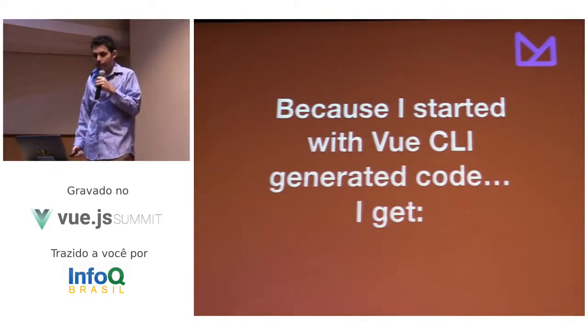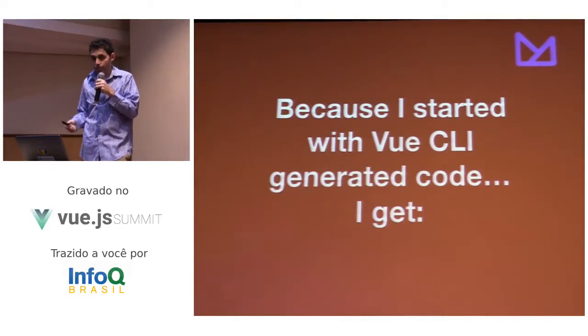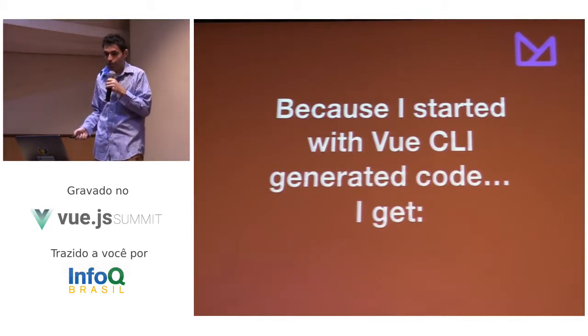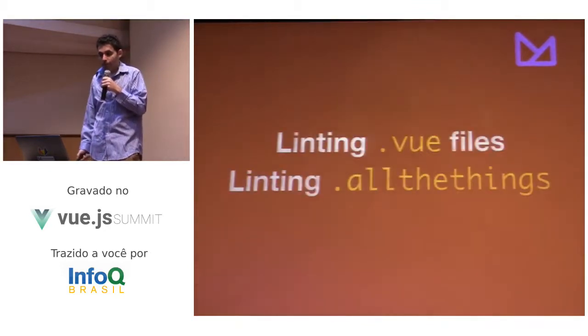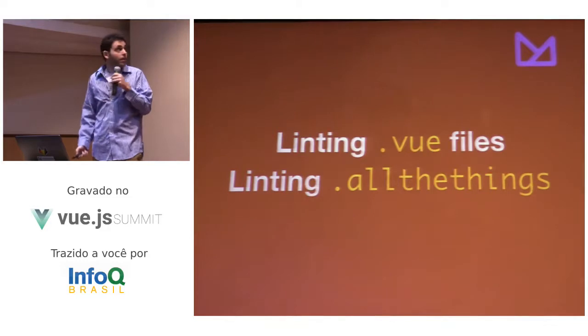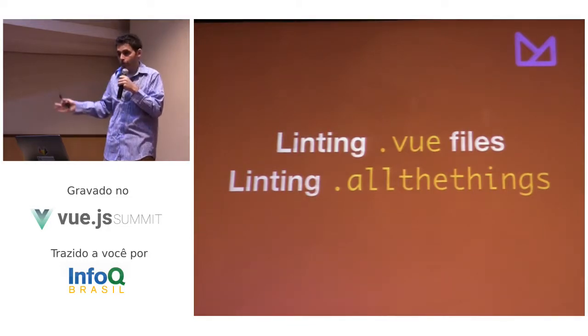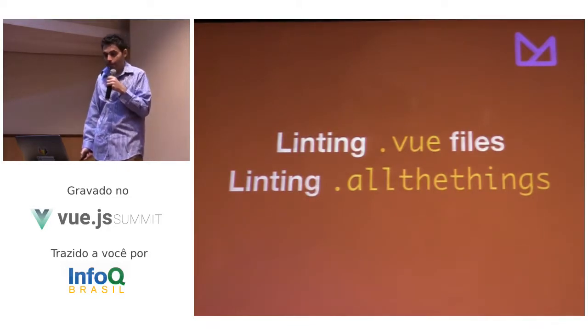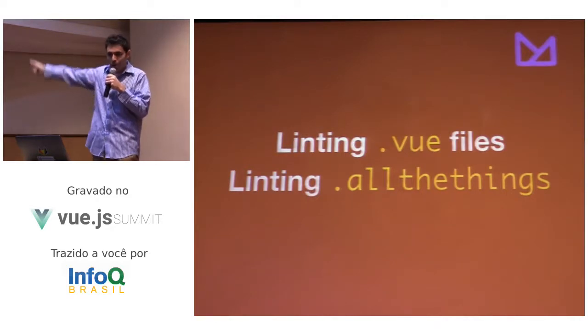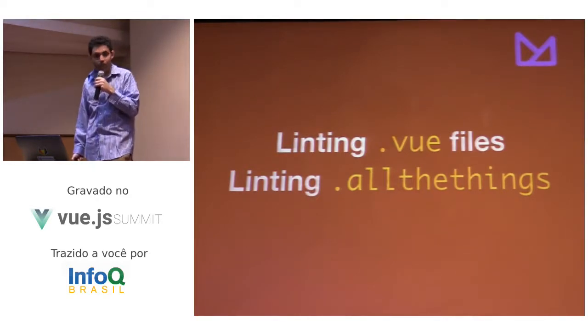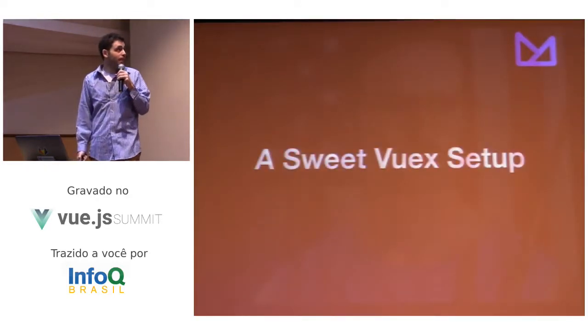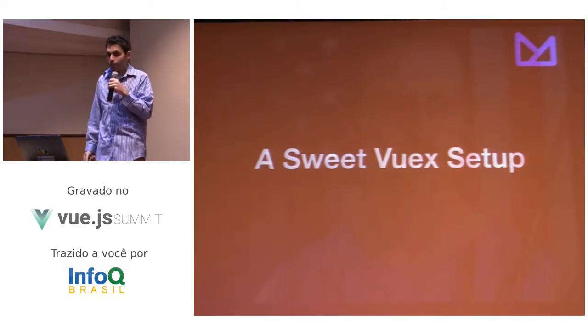Because I started with Vue CLI, the Vue CLI generated code for me, and because of that, I get linting on all of my Vue files on save, and I get linting on all of my different types of files. I also got a sweet Vuex setup.